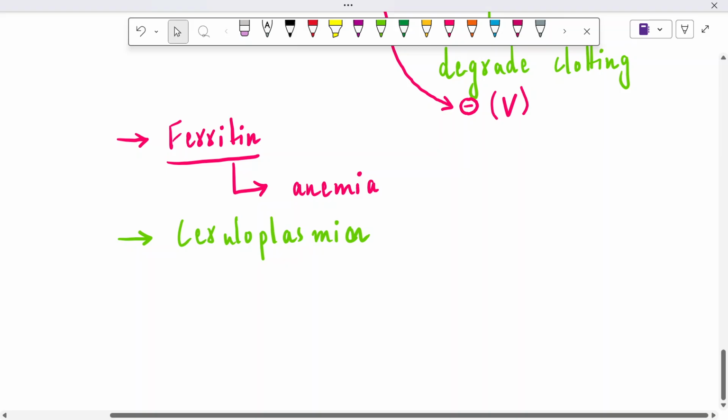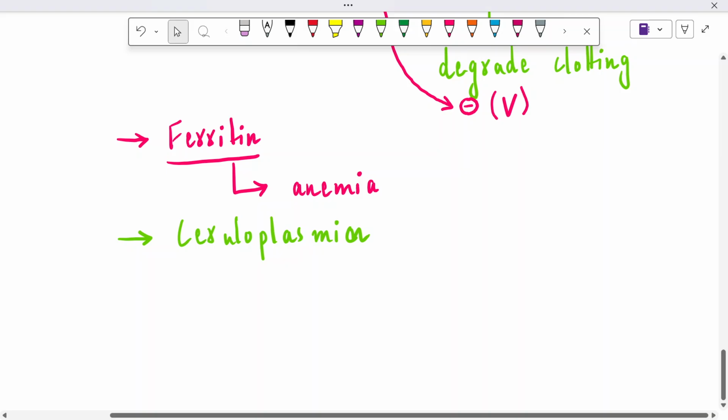Clotting time is decreased, clotting will be more, and it can have complications like renal vein thrombosis, pulmonary embolism, and deep venous thrombosis. So this is due to the factor 5 Leiden mutation. It's hyperactivated in this condition.